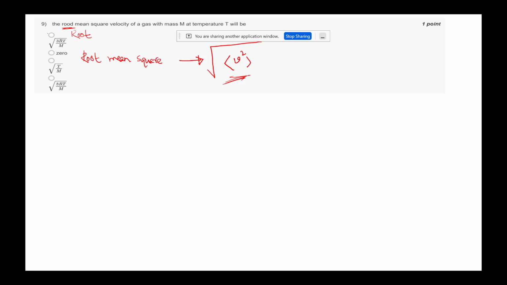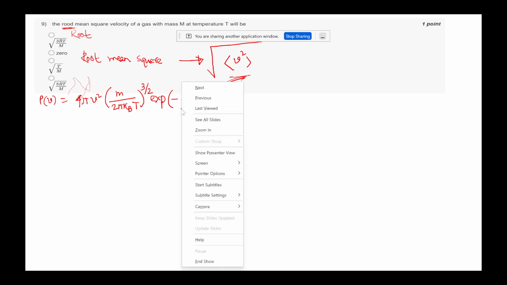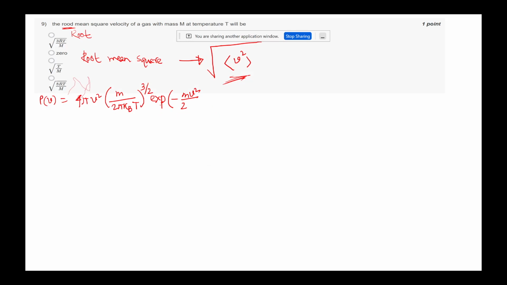So let's write rho v: 4 pi v square, m by 2 pi k_B T to the power 3 by 2, exponential of minus m v square by 2 k_B T. So you guys can see when I'm writing with the pen, right?